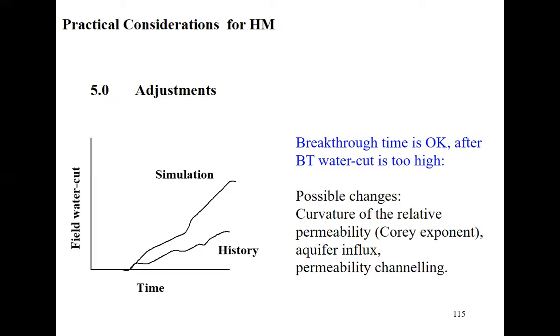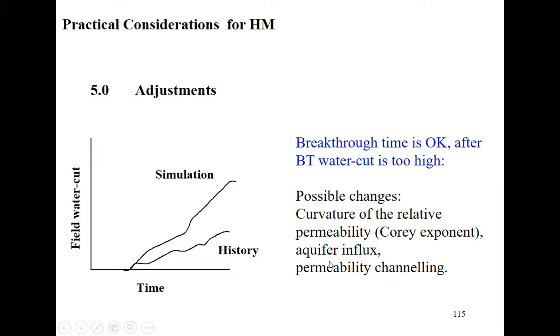This is because here, if I told you, this water cut is governed by the skin. You have the relative permeability, water is going maybe too fast. So we have to lower it a little bit down to get history matching.